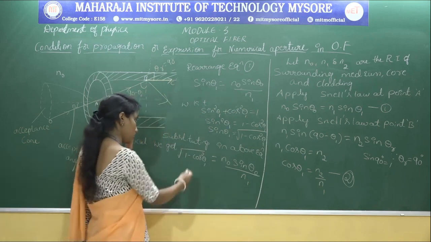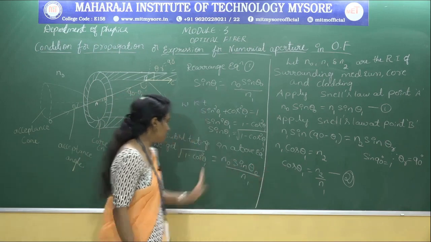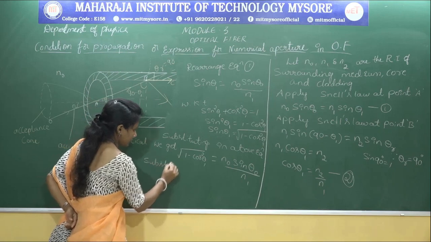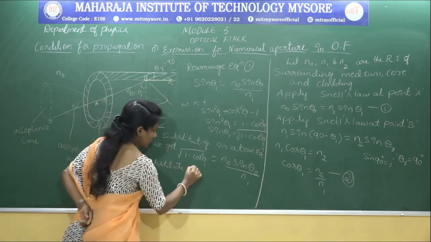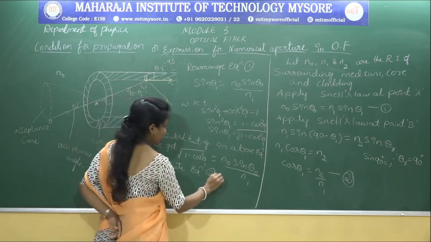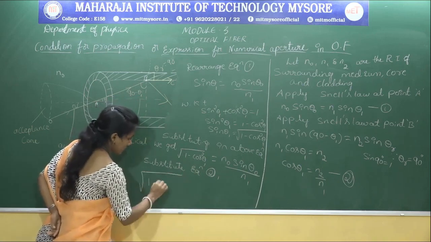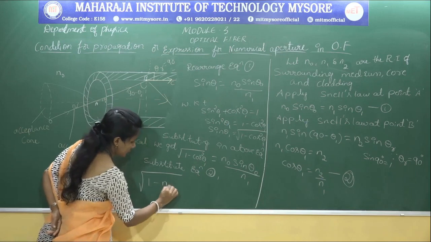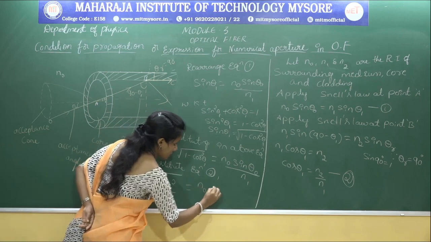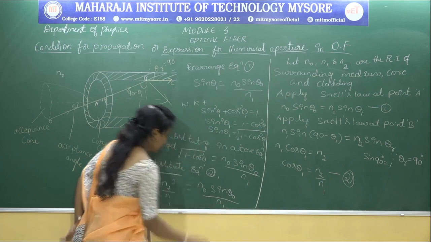But root of 1 minus cos square theta 1, the cos theta value we know, so substitute equation 2. Then we get root of 1 minus cos square theta, that is n2 square divided by n1 square, equal to n naught sin theta naught divided by n1.